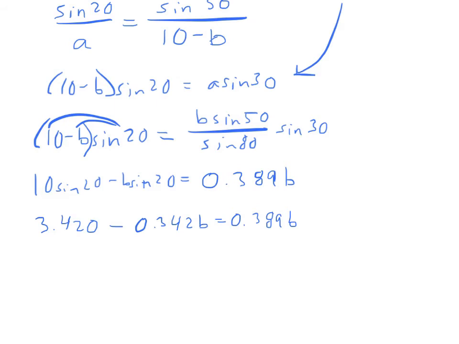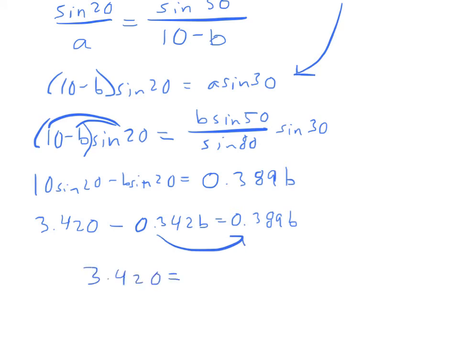A point I want to make here is that you can use your calculator to do a lot of this neat stuff. One of the tricks is, if you're using an updated TI-84 or TI-Nspire calculator, you can use the up arrow to scroll back and grab these exact values and add them with one another, so that you don't even have round-off error. So when I move this over, I'll still have the 3.420.